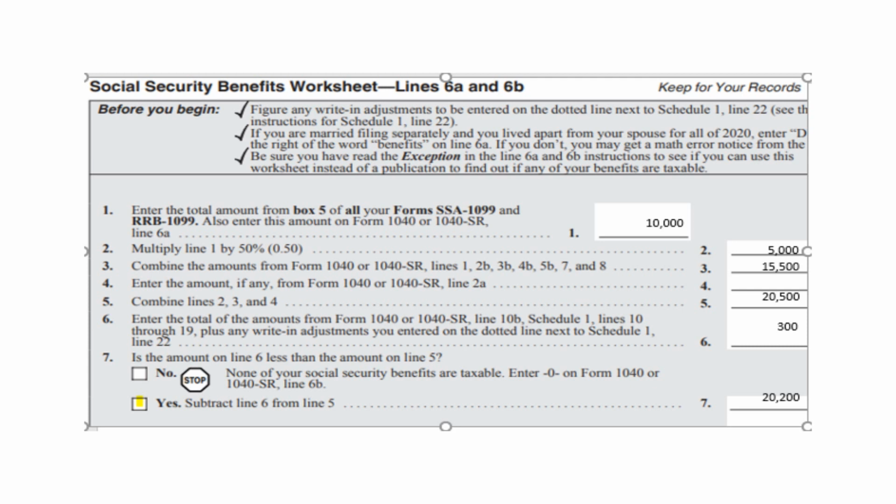On line 6, put the amount from line 10B and from Schedule 1, lines 10 through 19. In this example, you will have an amount from line 10B. It is Charitable Contributions, and in this example, it is $300. So put $300 on line 6, subtract that from line 5 for $20,200 on line 7.